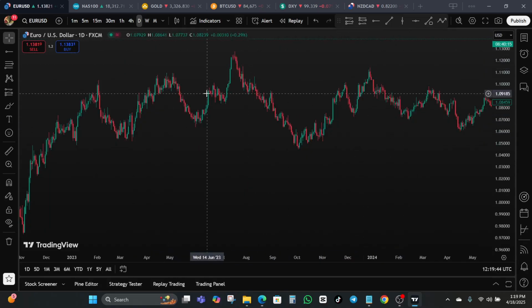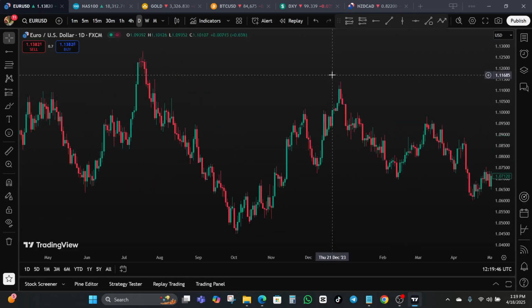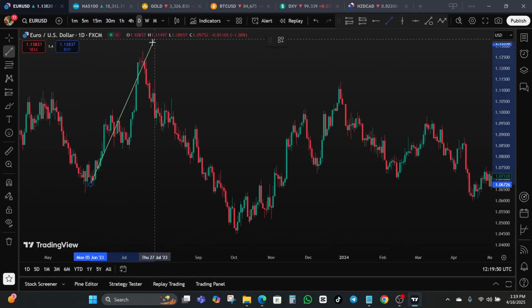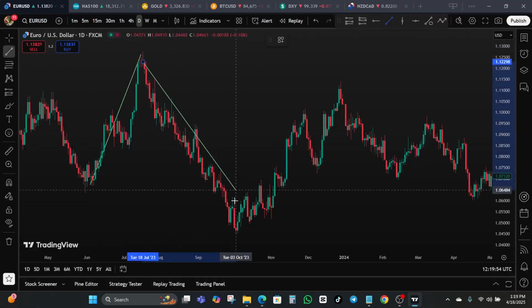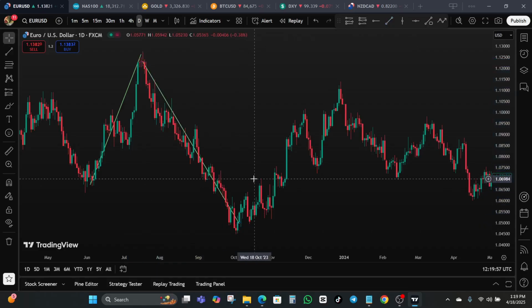I had to go to the daily time frame so that you'll be sure that yes, this is actually the trend. It was a bullish trend before, and then suddenly it changed into a bearish trend. This is what we call a reversal. It's when the market shifts from one clear trend direction to the opposite.